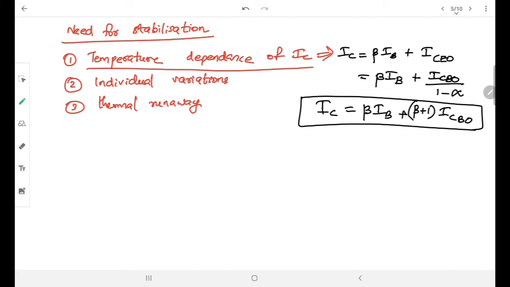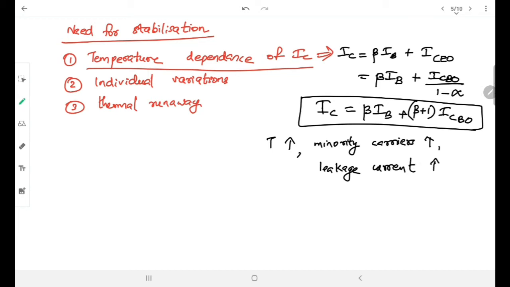When temperature increases, what will happen? When temperature increases, minority charge carriers increase. If minority charge carriers are increasing, leakage current increases, because we know that leakage current is the current due to the flow of minority carriers.